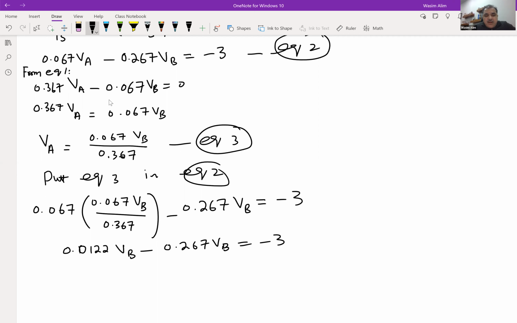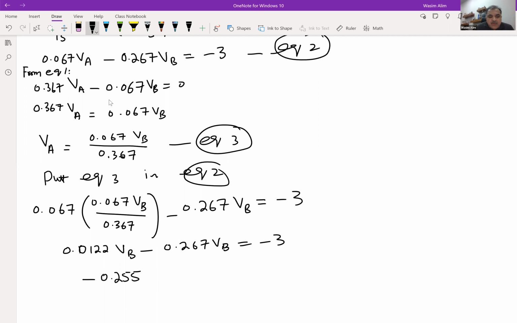So you want to take this number that you just wrote and subtract the one that you just calculated, 0.267 minus that number, which should be like negative 0.255.